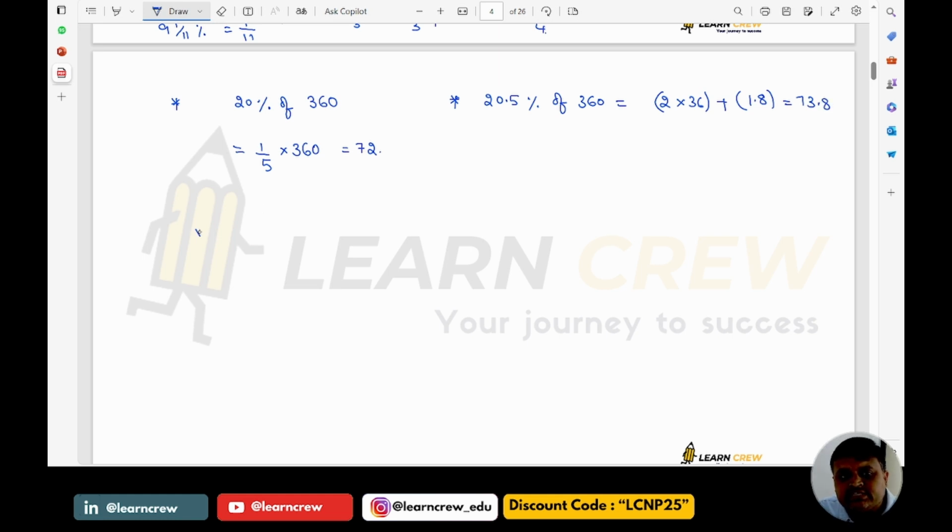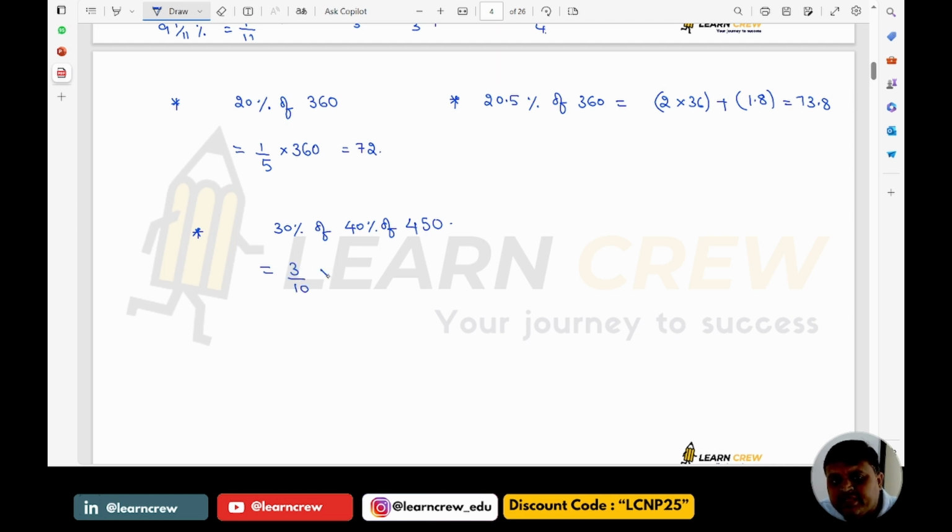Next, for example, now 30% of 40% of some 450 I have. 30% of 40% of 450. So if you want to do it traditionally, 30% means 3 by 10.